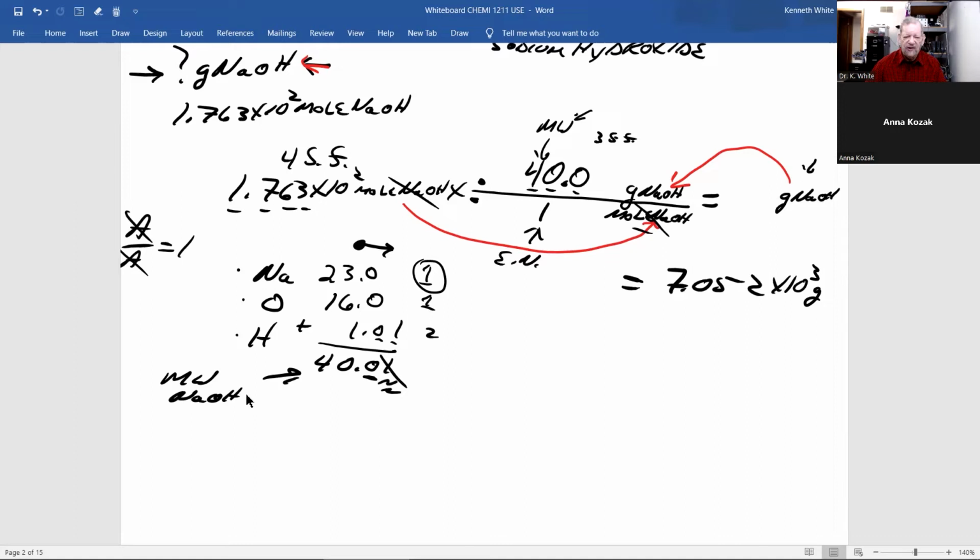So which is the lower number, 3 or 4? And the answer is 3. And rounding this off to 3 significant figures, keep the 7, keep the 0, keep the 5. Use this to round off, as 4 or less, I'll drop it. And the correct answer here is shown.